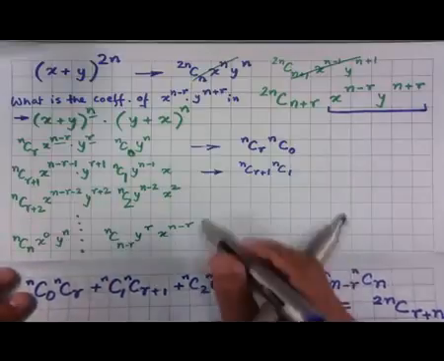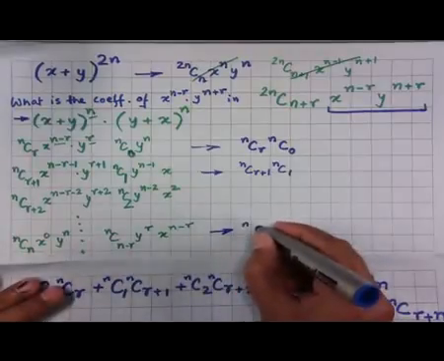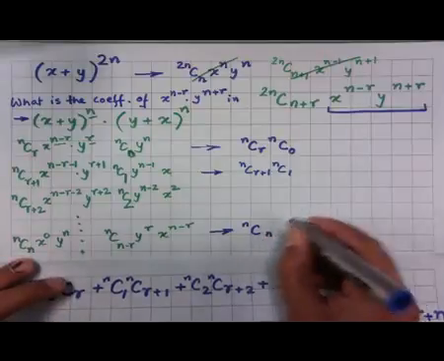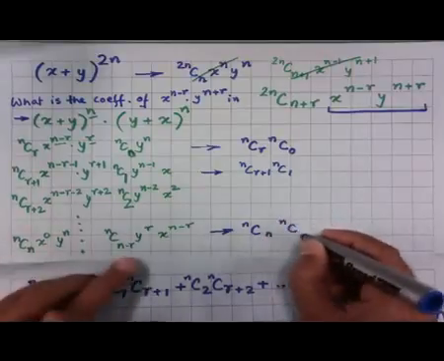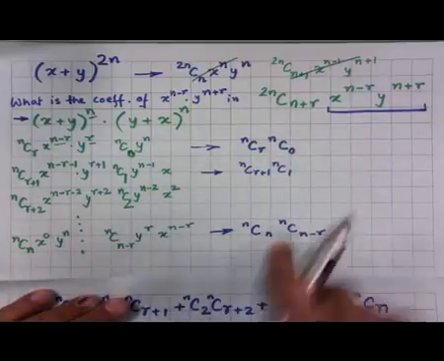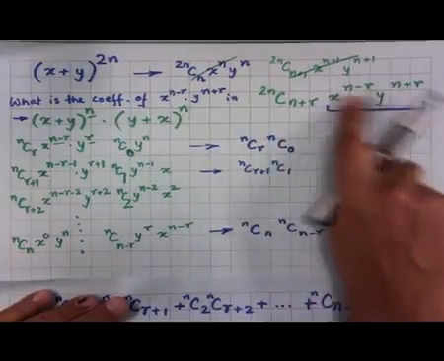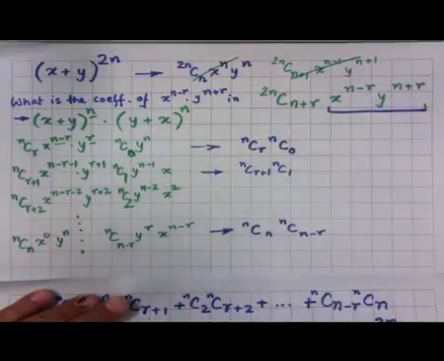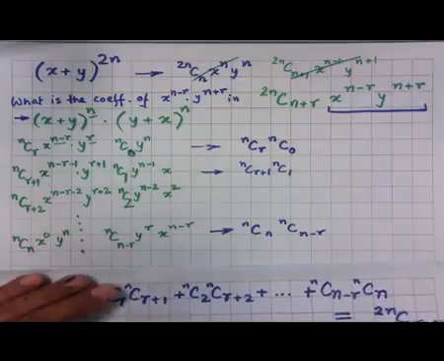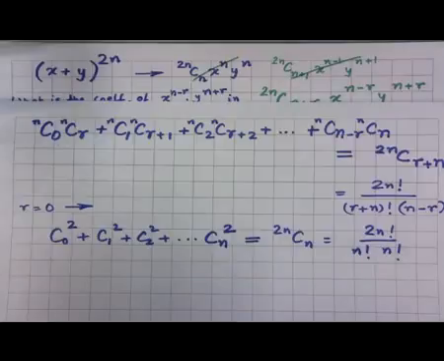So, the last term gives you n c n times n c n minus r. So, the sum of all of these terms is 2n c n plus r, x power n minus r, y power n plus r. All right. So, this is a complicated identity, but it sometimes turns out to be useful.